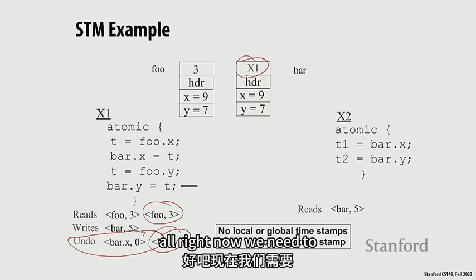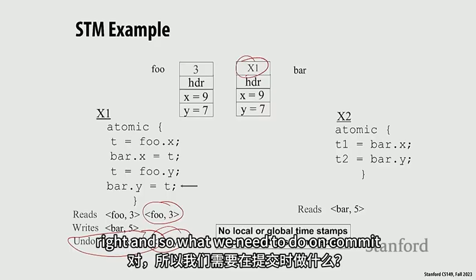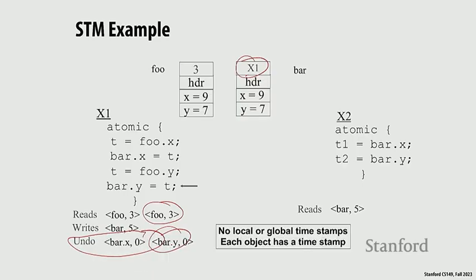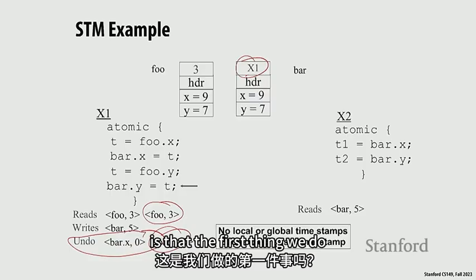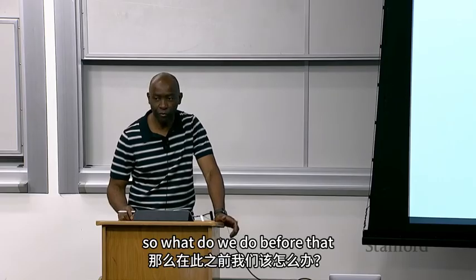All right, now we need to commit, right? And so what do we need to do on commit? Is that the first thing we do? No. First, you want to actually do the commit and update the values. So what do we do before that?